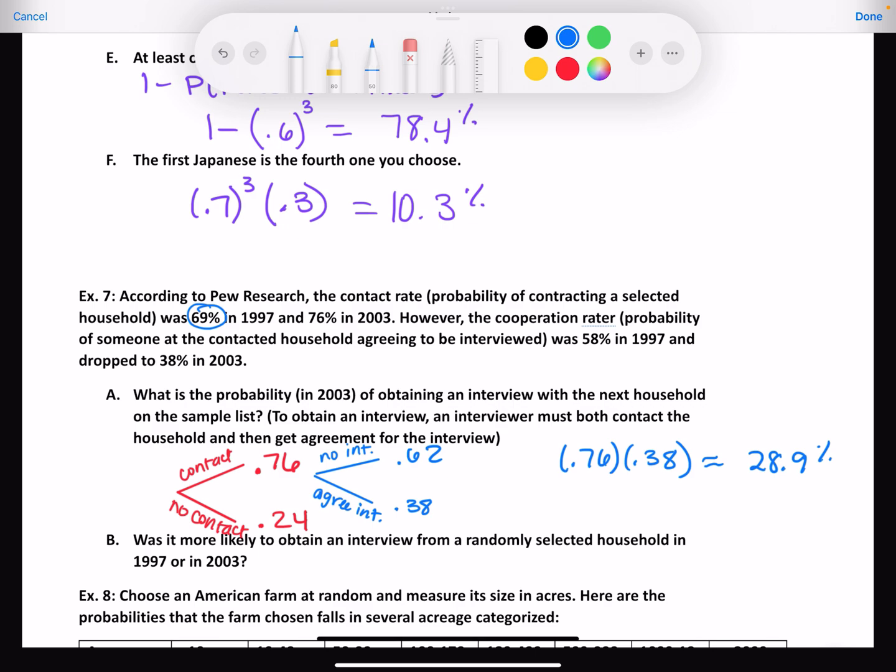So 0.69 times 0.58 is 40%. So it's less than 2003. It's more than 2003. Oh, it's less. Oh, never mind. That's not how numbers work. So it was more likely in 97 to obtain an answer.